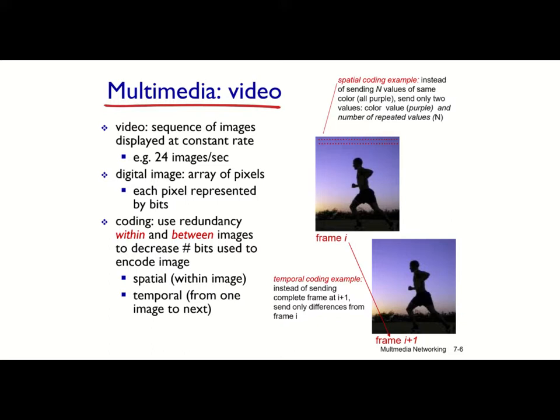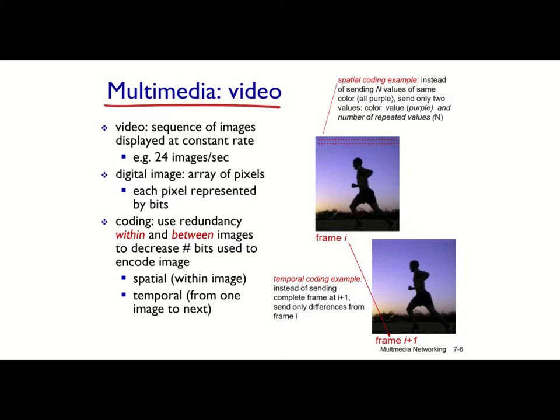Also in the temporal layer, we have some techniques to save some memory. For example, if you assume that this image is the next frame after this image, so this image is frame I and this image is frame I plus 1, then instead of sending the complete frame at I plus 1, we can only send the differences between this frame and the frame before, since frame I and I plus 1 are recorded in a very short time interval, so there would be a very small difference between these two frames.